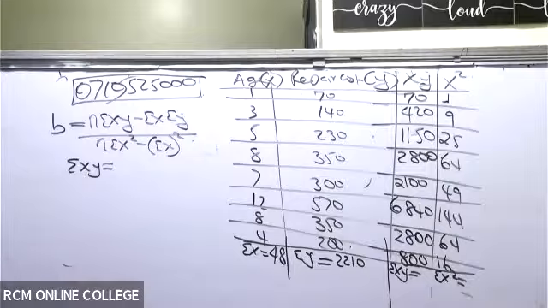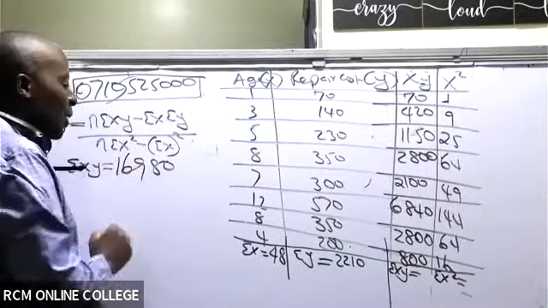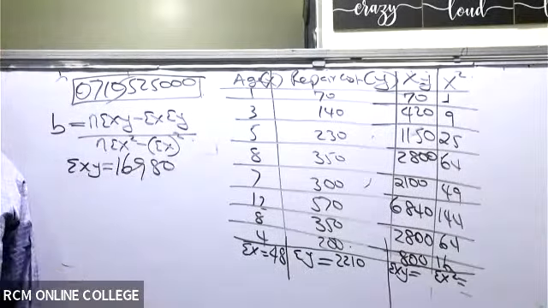What do we have? 16,980. Can someone else confirm what this great sister of ours is giving us is correct? Yeah, somebody has confirmed 16,980.